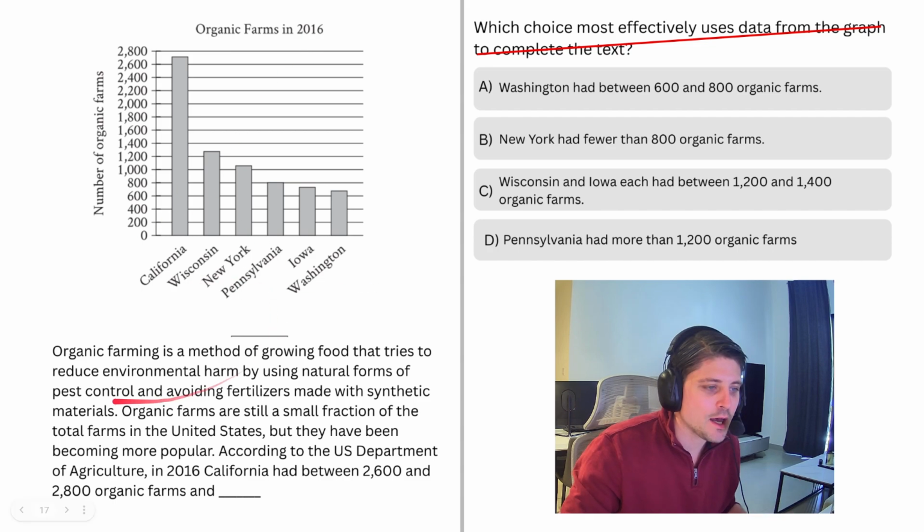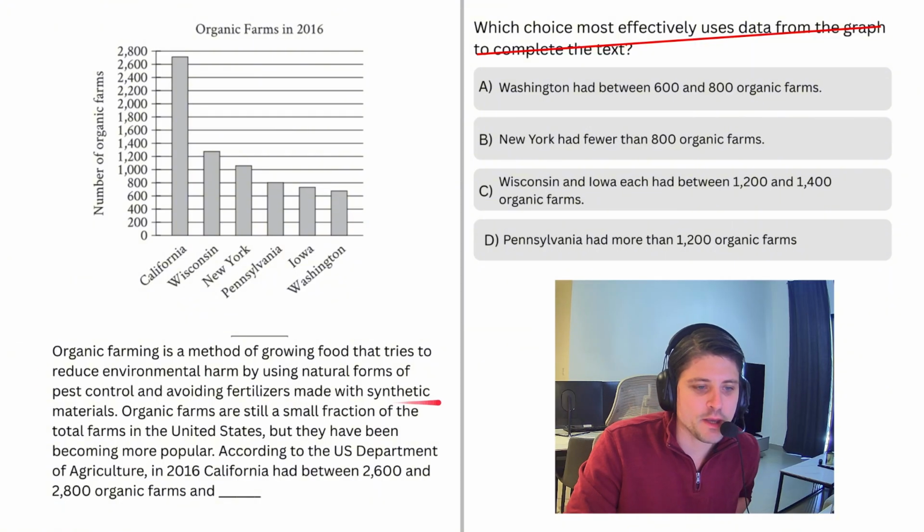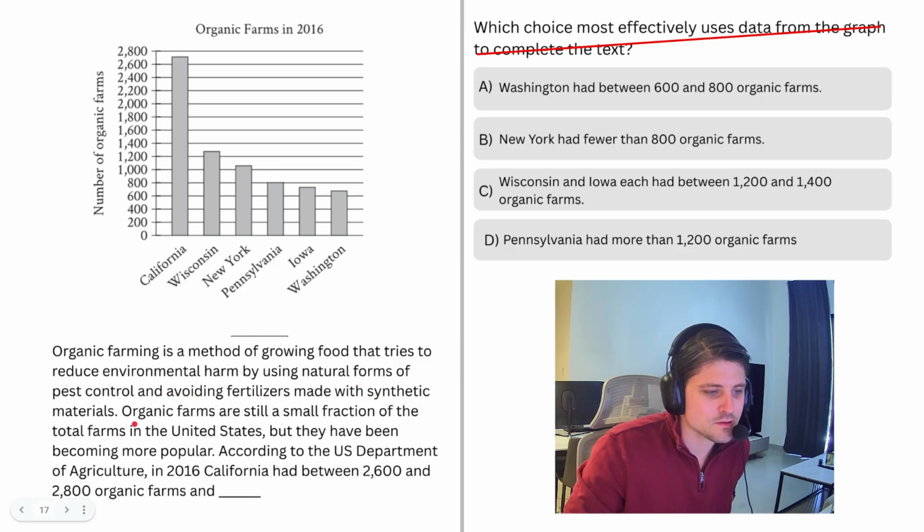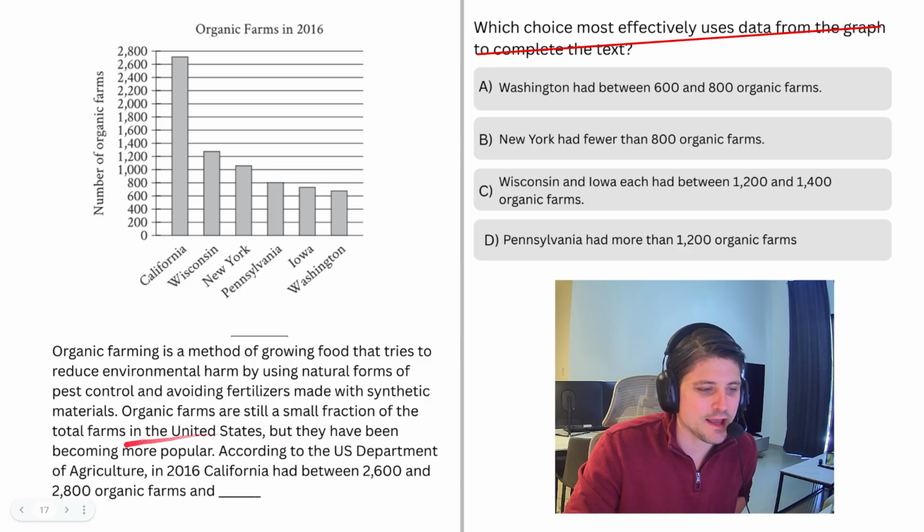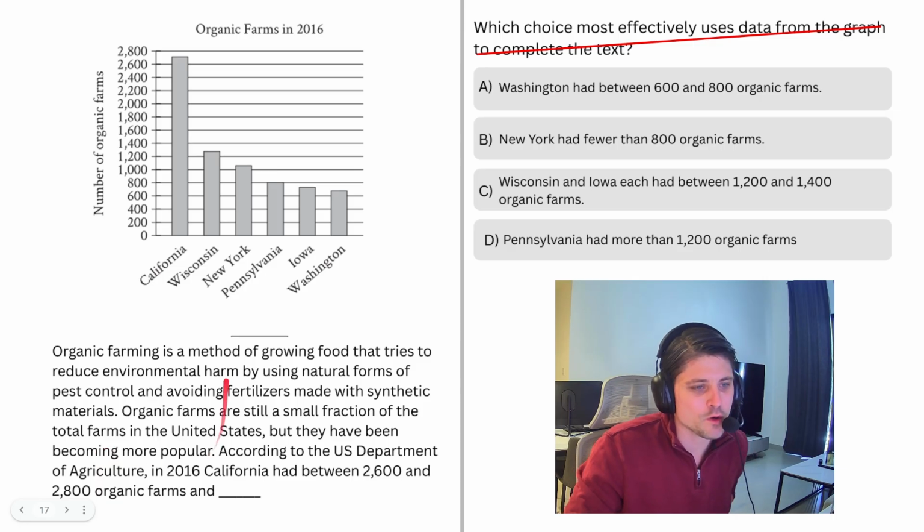Organic farming is a method of growing food that tries to reduce environmental harm by using natural forms of pest control and avoiding fertilizers made with synthetic materials. That's not relevant. Organic farms are still a small fraction of the total farms in the United States, but they have been becoming more popular. More nonsense. They just kind of give you a background.